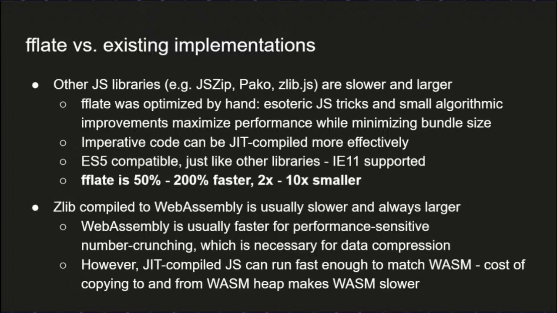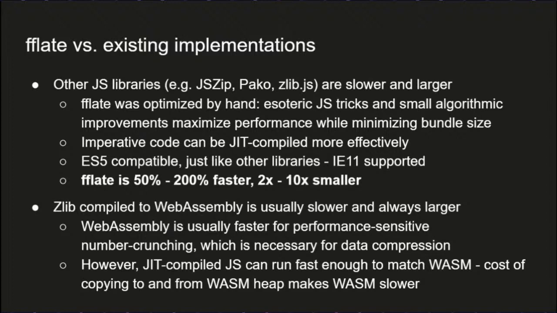This kind of trick is really hacky, but as it turns out, it's actually pretty easy to optimize for the JIT compiler, specifically V8, which was the main target for fflate, giving high performance on Chrome and Chromium-based browsers. And it is still compatible with ES5 and all the ancient browsers like Internet Explorer 11 if you want. But the main target is the modern browsers that have support for high performance JIT compilation.